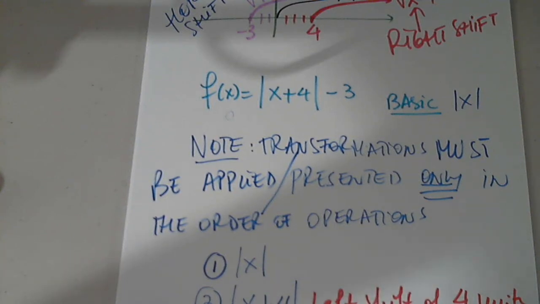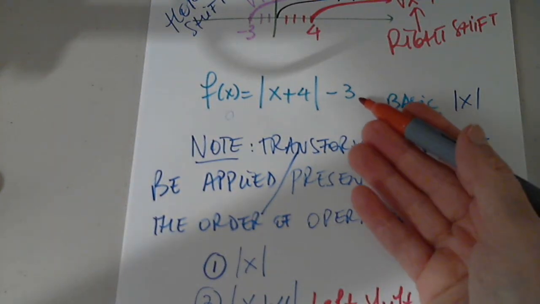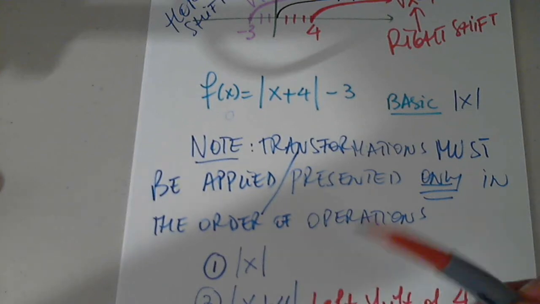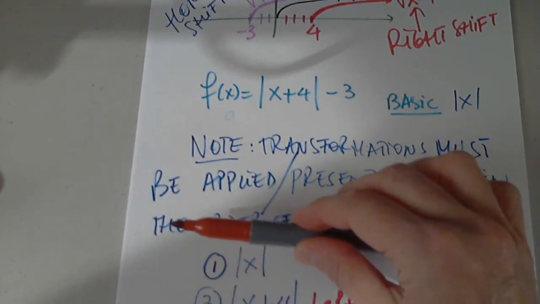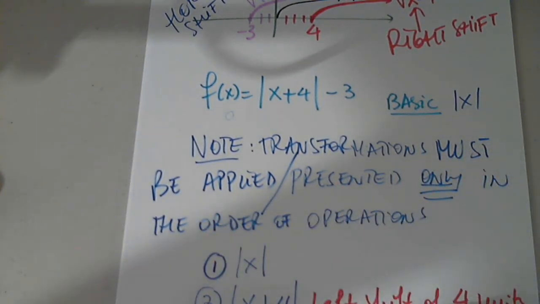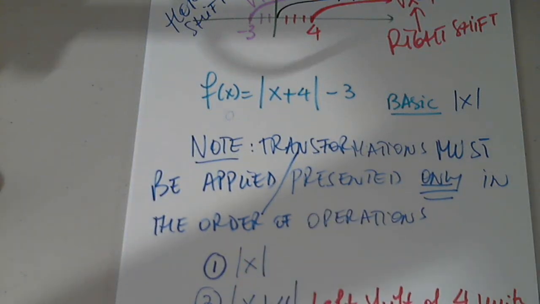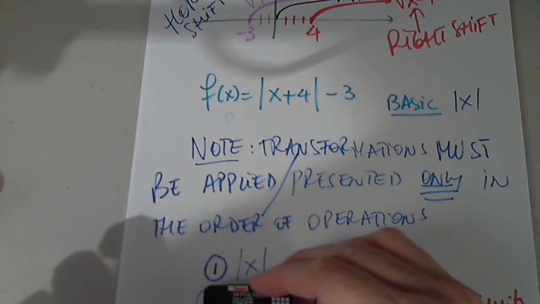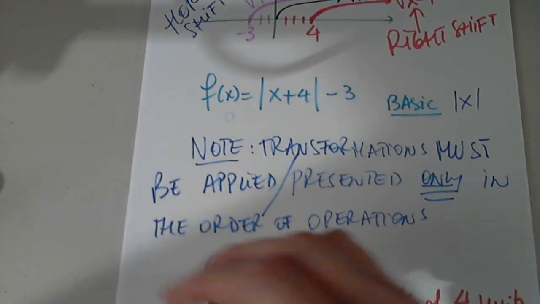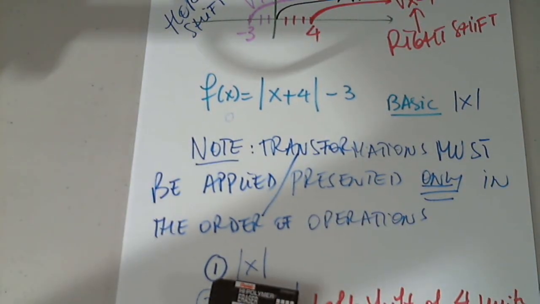Finally, the last step must be with negative 3. But notice that this was a transformation on 1. What I'm going to write next, which is x plus 4 minus 3, is a transformation on 2. And now I compare. This is the same as this, but now outside there is a minus 3.